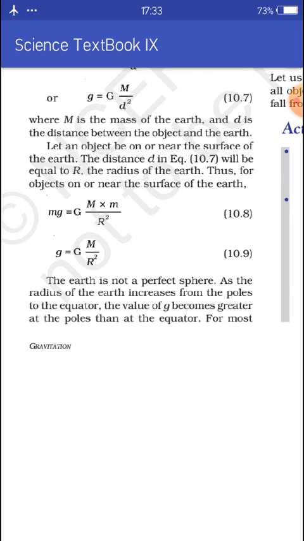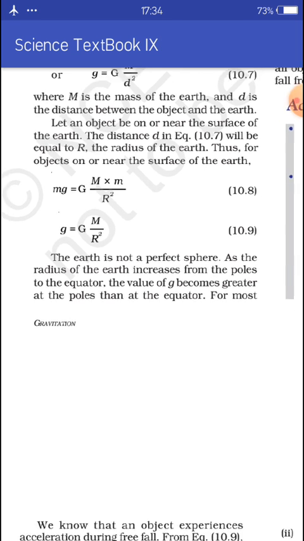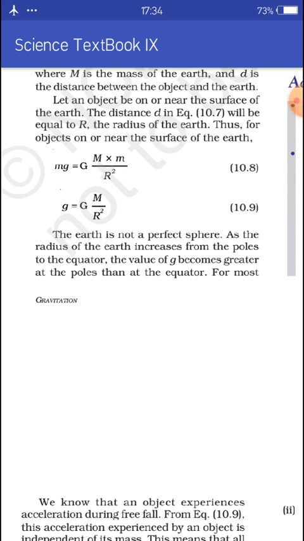The distance d in equation 10.7 will be equal to capital R, the radius of the earth. Thus, for objects on or near the surface of the earth, mg is equal to G M m upon R square. So small g is equal to G M upon R square.